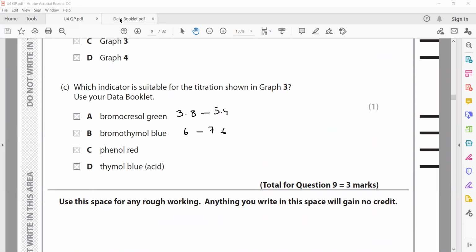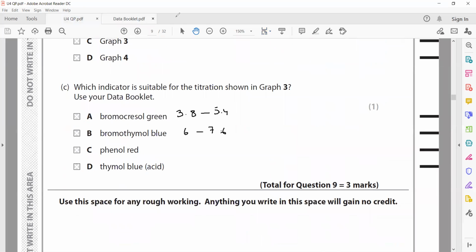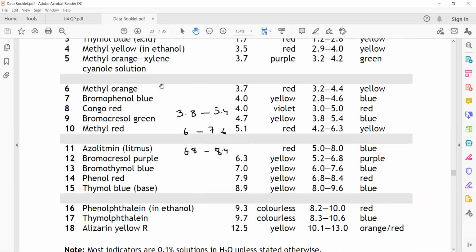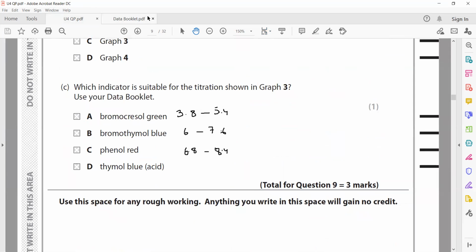Phenol red, the range is from 6.8 to 8.4. Thymol blue acid, 1.2 to 2.8. So these are the ranges for these indicators.